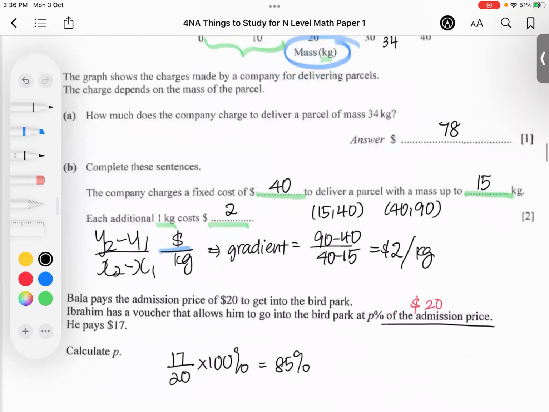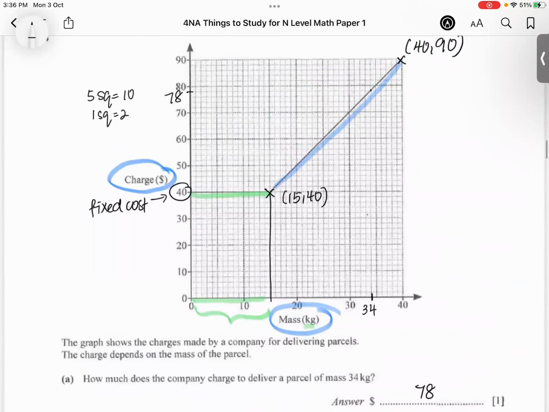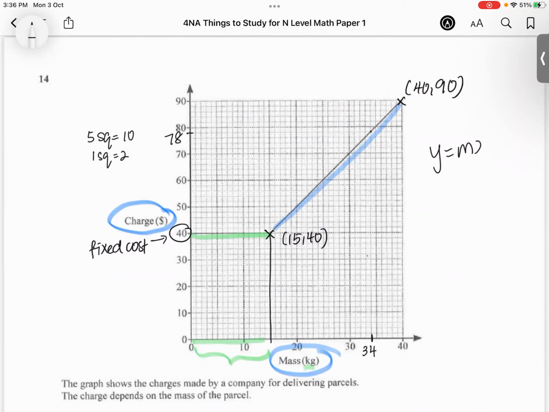So when it comes to a straight line graph, always have the information y equals mx plus c in general. For an application graph, c is usually the fixed cost. The gradient will be a rate. Looking at the units, in this case, money per kg.